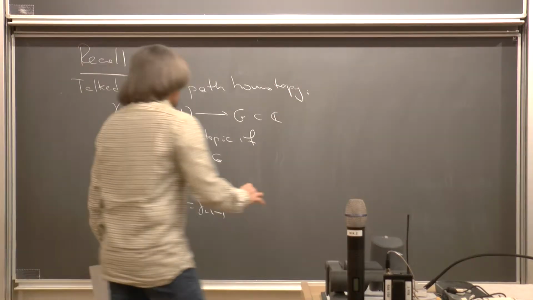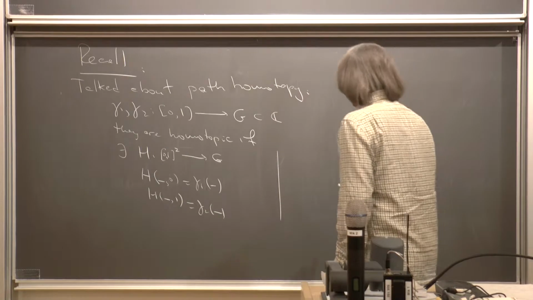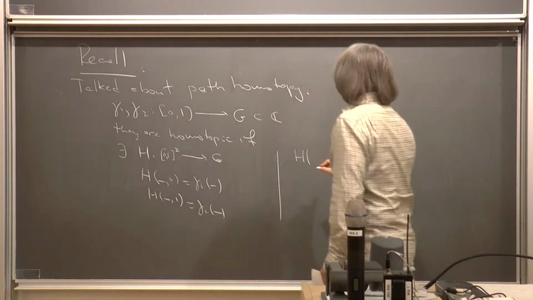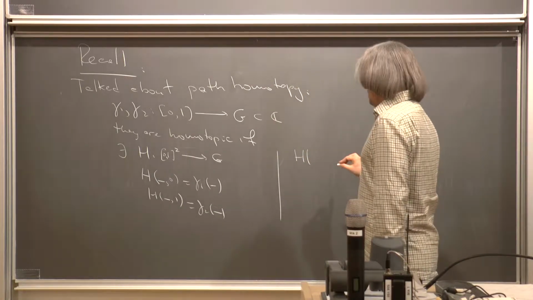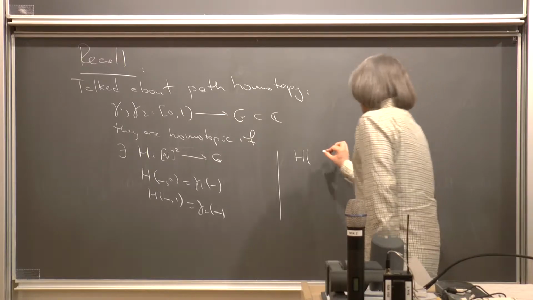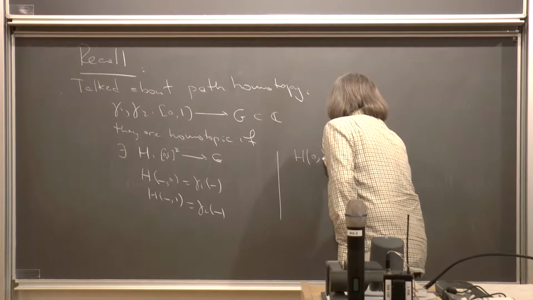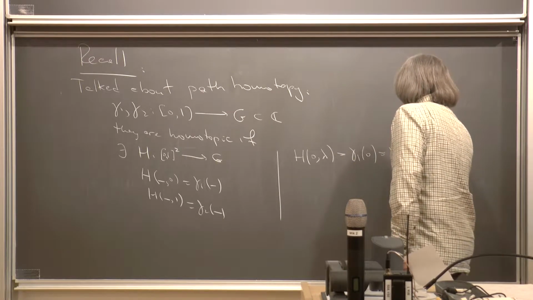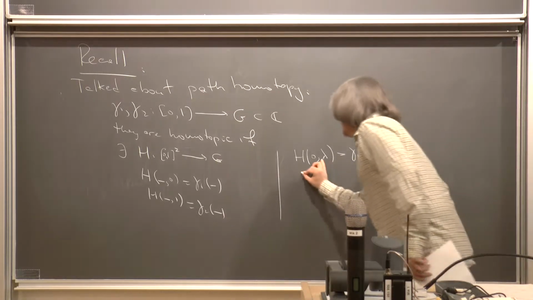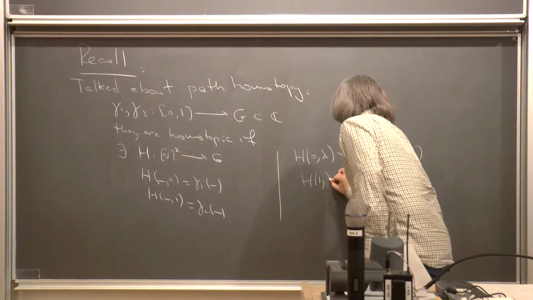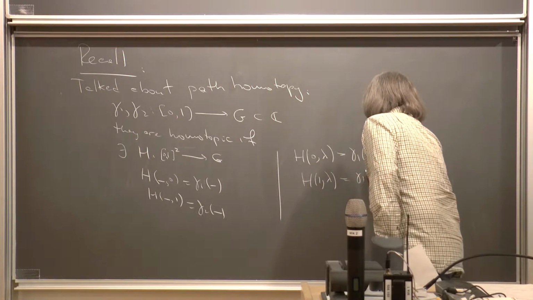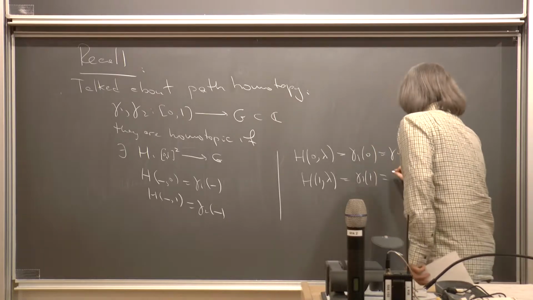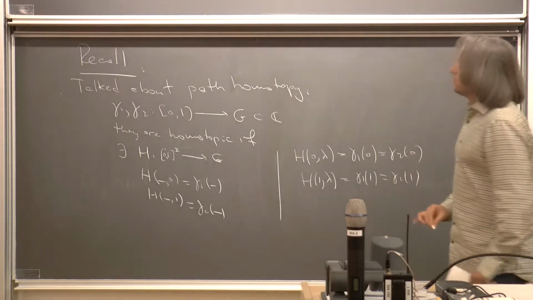Also, H should fix the end points: H of 0, any lambda is gamma 1 of 0, which is gamma 2 of 0, and H of 1, lambda is gamma 1 of 1, which is gamma 2 of 1. So we talked about these.